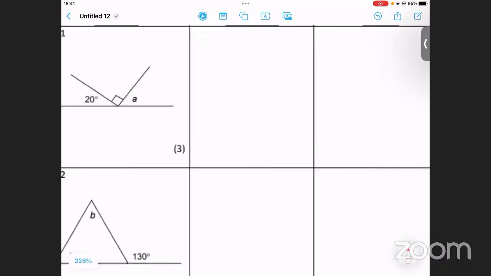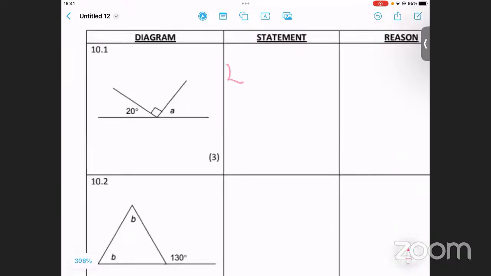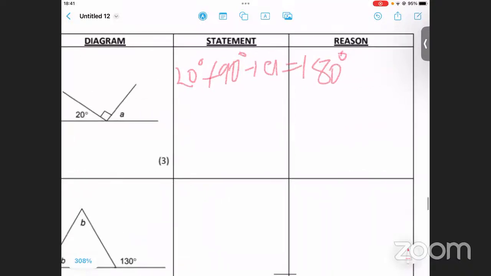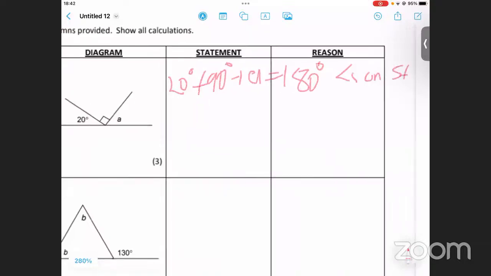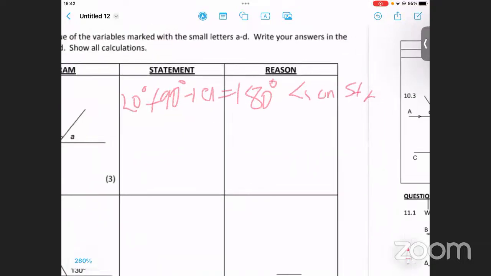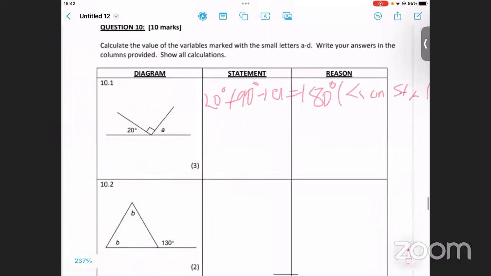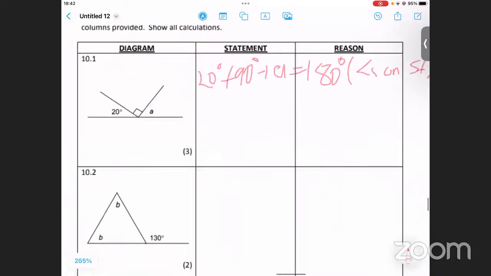Yes, so we say 20 degrees plus 90 degrees plus A is equal to 180 degrees, angles on a straight line. This is the reason. And how much is that?